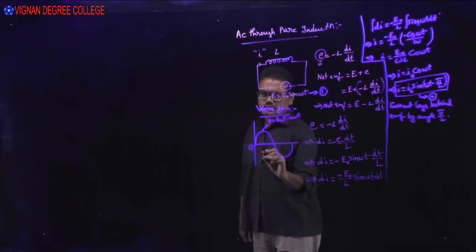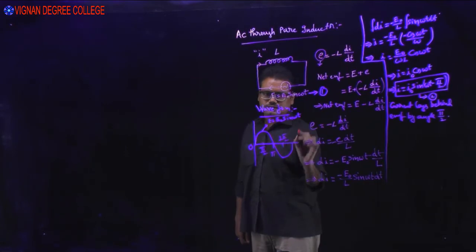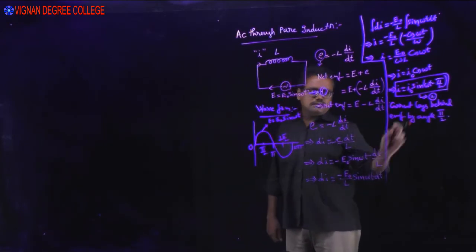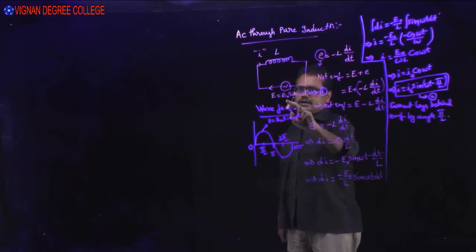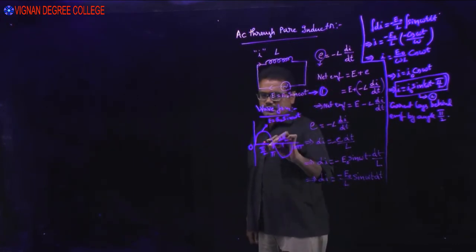Zero, pi by 2, pi, 3 pi by 2, 2 pi. Since current is lagging behind EMF by an angle pi by 2, the waveform of current is represented like this.